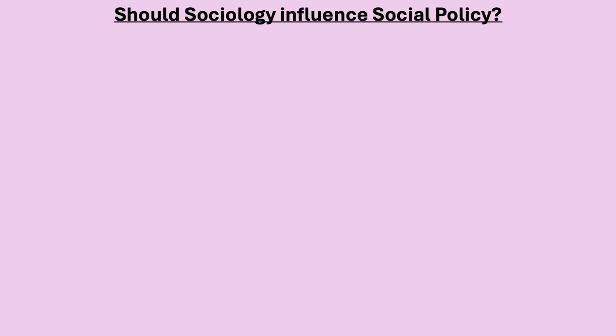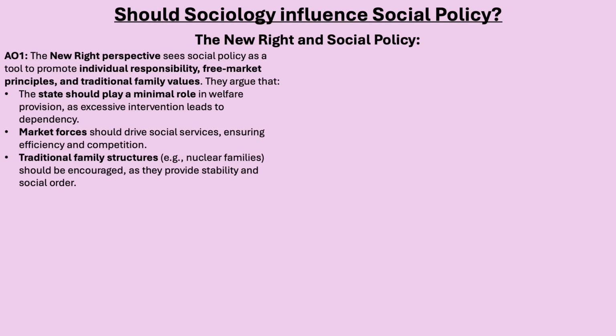And finally, we have our last perspective, which is the New Right and social policy. A New Right perspective sees social policy as a tool to promote individual responsibility, free market principles, and traditional family values. They argue that the state should play a minimum role in welfare provision, as excessive intervention leads to dependency, and this is also known as a nanny state sometimes.